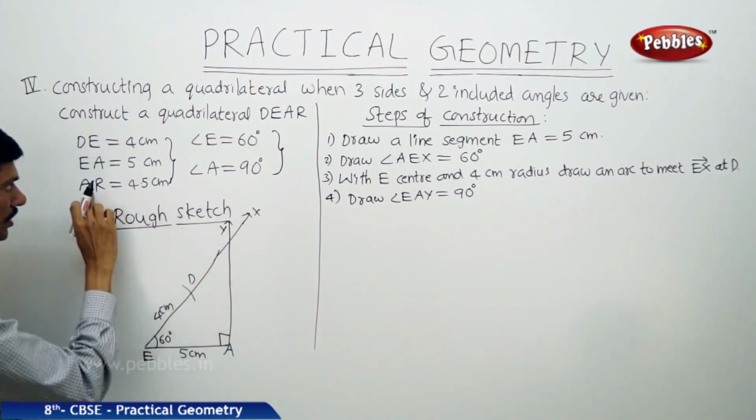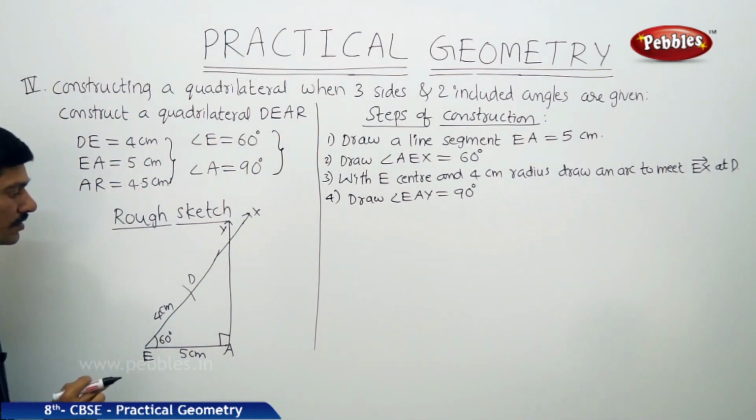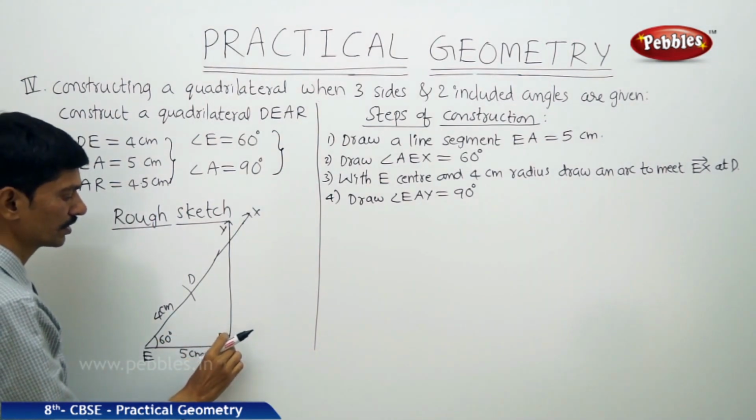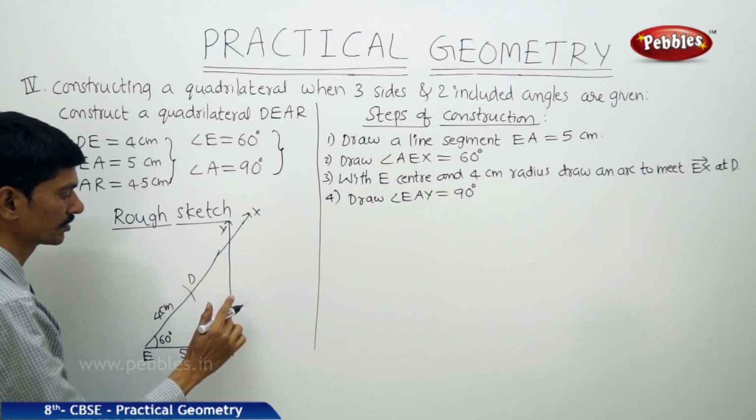Now for that, AR is given that 4.5 centimeters. So take A center and 4.5 centimeters radius.